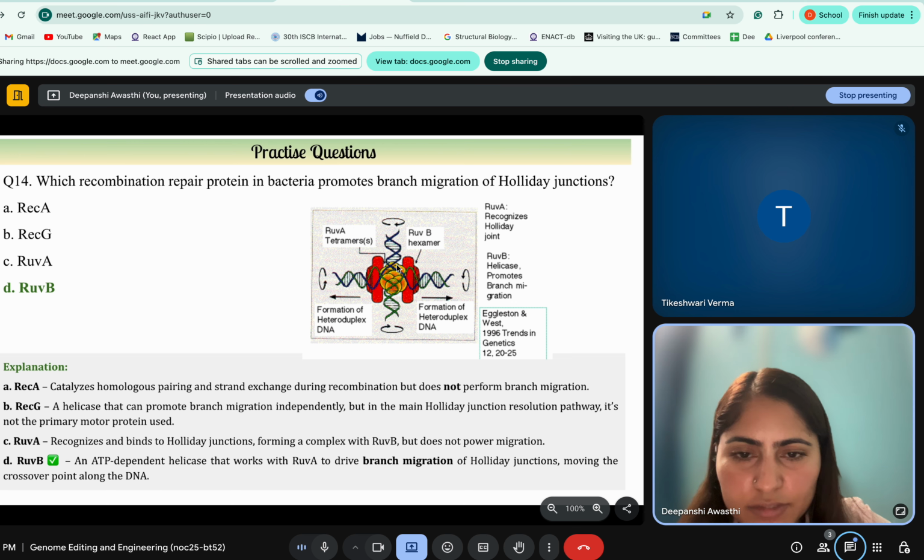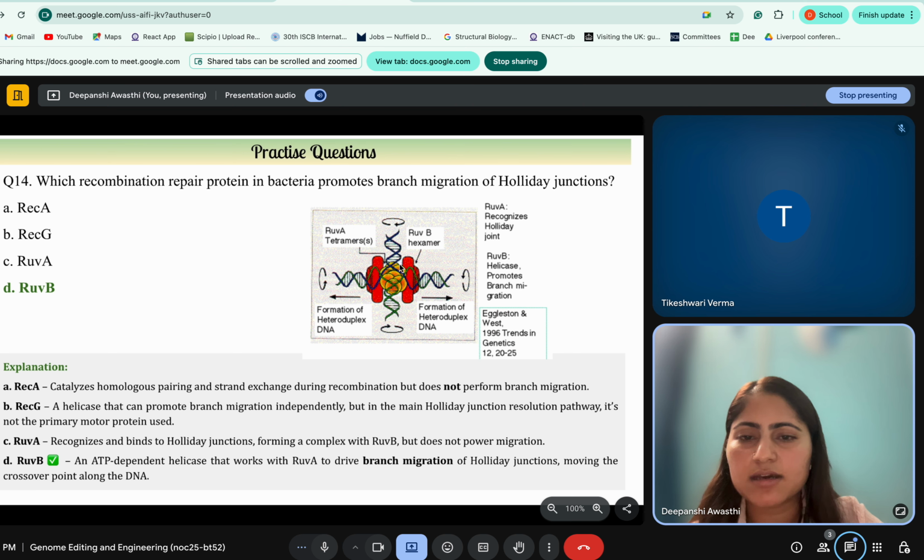As you can see, this middle one, orangish yellow, represents the RuvA, whereas this reddish part represents the RuvB hexamer. Although RuvA is responsible for binding and recognizing the Holliday junctions, for the branch migration, the power is provided by the RuvB hexamer.